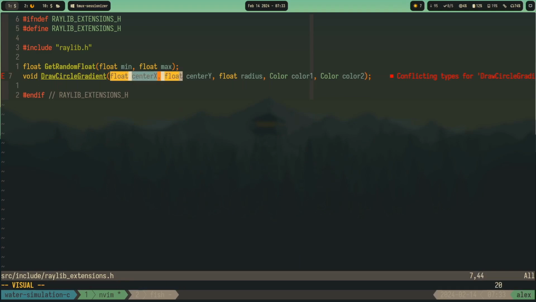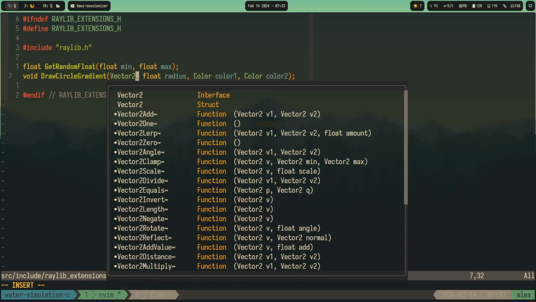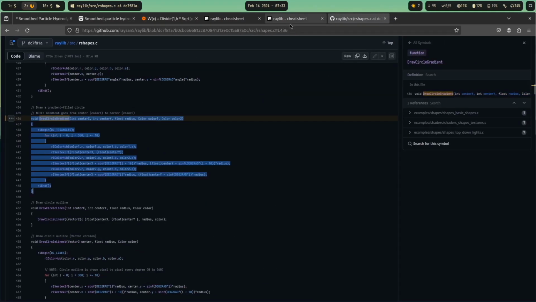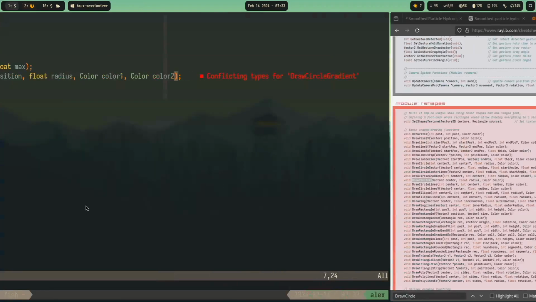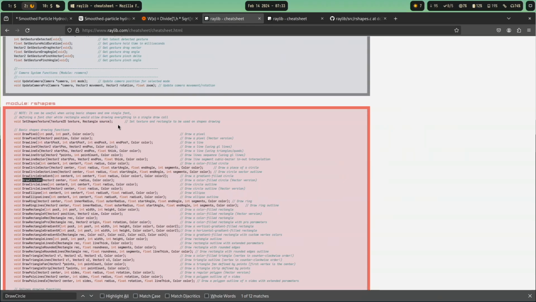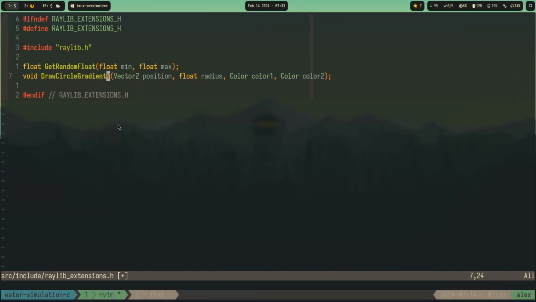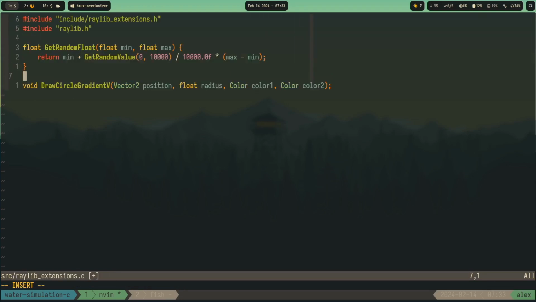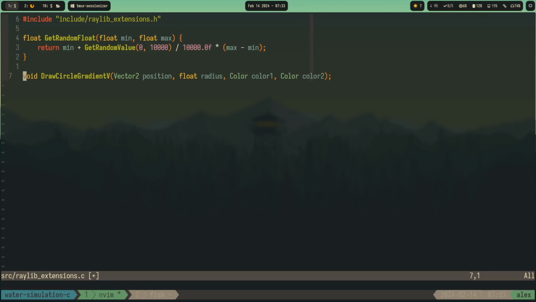Or let's make it work with vector to position, because he has here draw circle V, so maybe we can have draw circle gradient V, right? Like try to keep the... well, we don't need to include relief here.